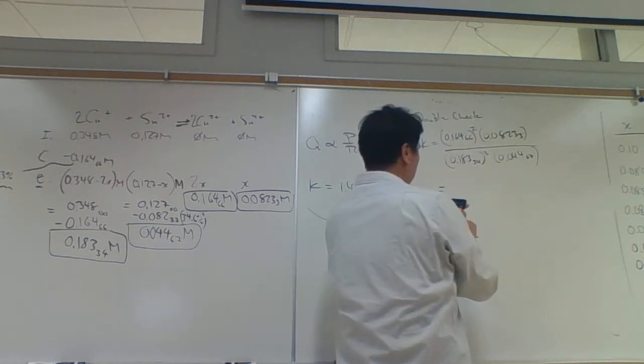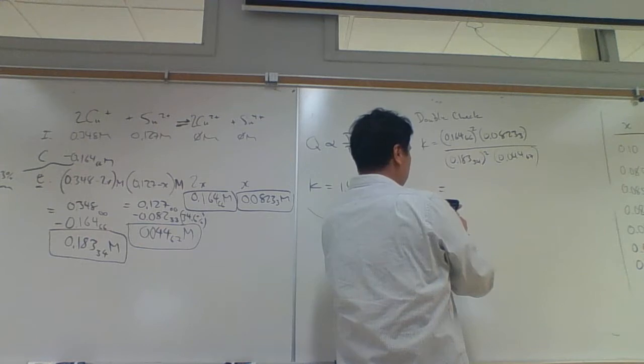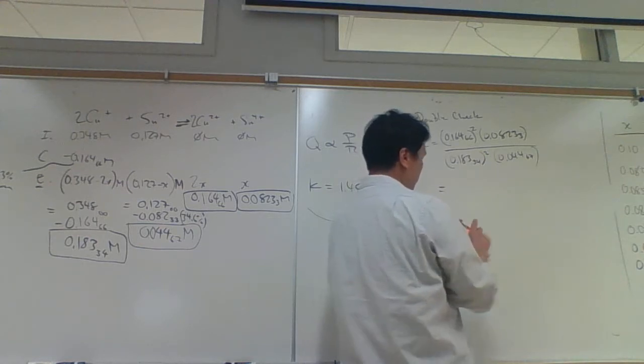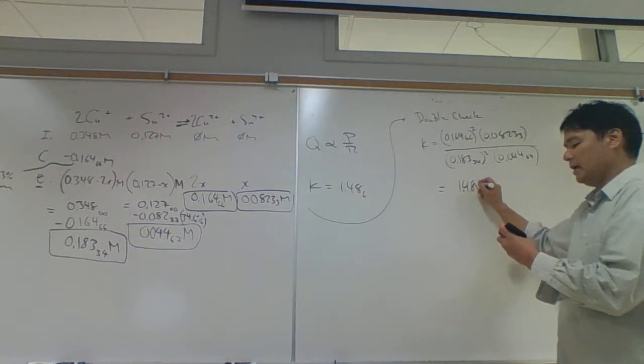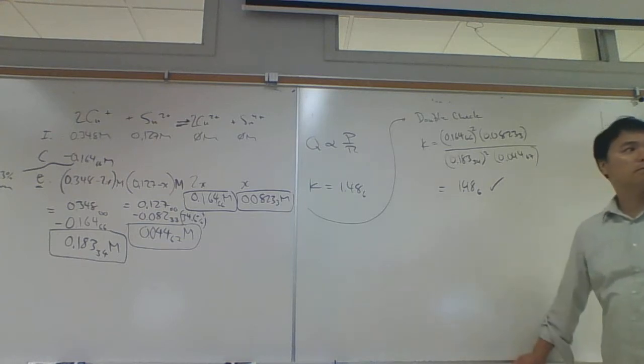So I'm going to go with 0.16466 squared times 0.08233 divided by 0.18334 squared divided by 0.04467. And I get 1.486, so it's good.